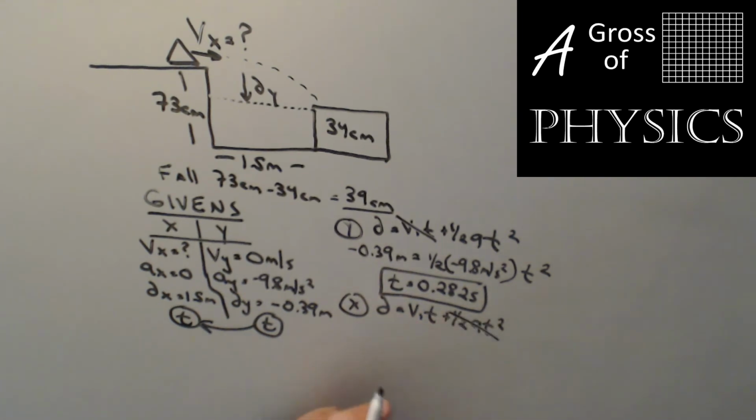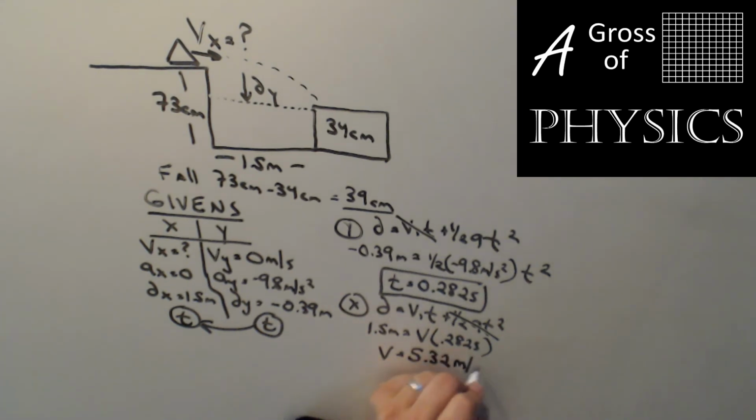Once again, this second term cancels, and I'm left with 1.5 meters equals v times 0.282 seconds. So v is 1.5 divided by, since it's still in my calculator, answer, and I get 5.32 meters per second. So as long as it's hit with 5.32 meters per second worth of speed, the paper football should go into the recycle bin.